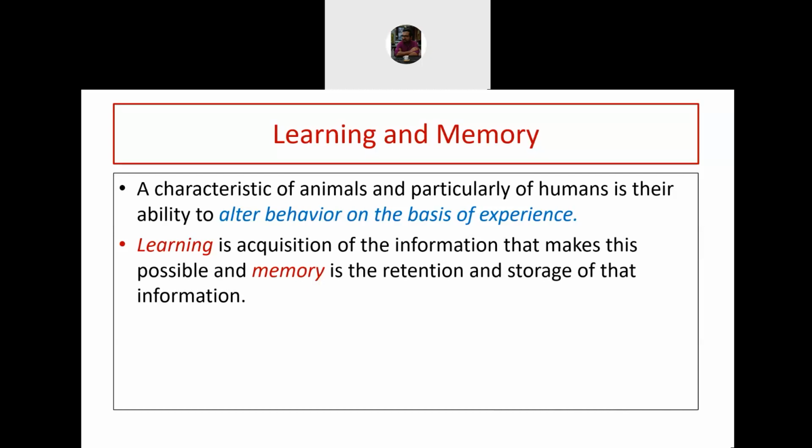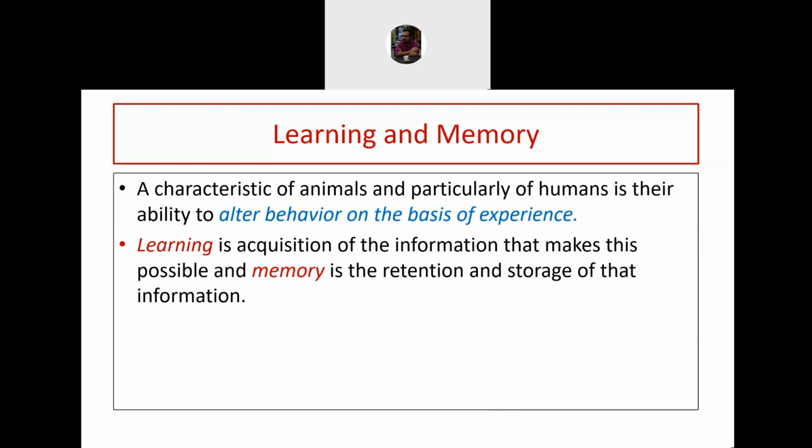If we eat something and it is very pleasant to eat, then we will be eating that again and again. So there are certain kinds of positive and negative reinforcements that shape our learning experience. So it is a very intrinsic characteristic of animals, particularly the higher animals, which is their ability to change their behavior on the basis of experience.